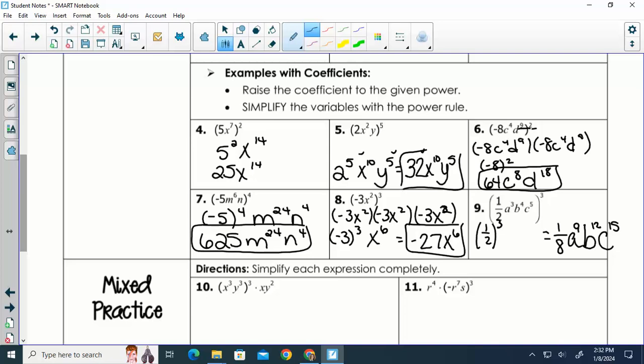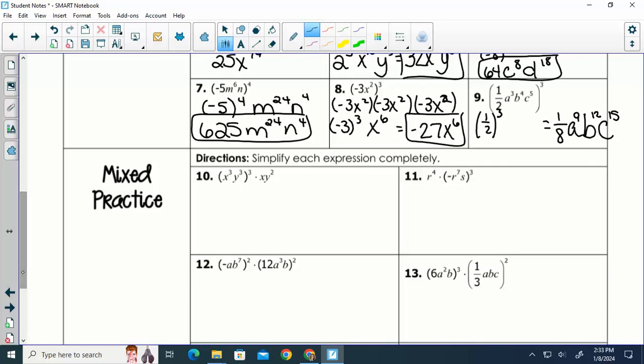So if I look at the next problem, I have to do a combination. If you think about order of operations, it tells us we always begin with parentheses. So I need to start right here. What would I do with that exponent?